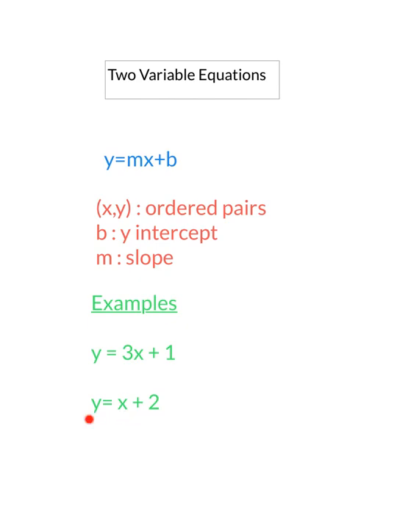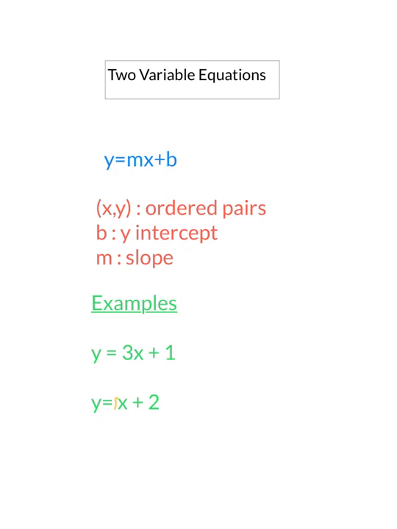X and y, those are your ordered pairs. Those are the solutions. The y-intercept is 2. And the slope, although it looks like there's not a slope, there really is a slope. You have to ask yourself, how many x's are there? The answer is 1. There is 1 x there. So the slope is equal to 1.